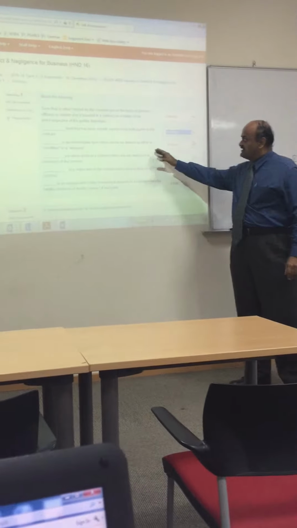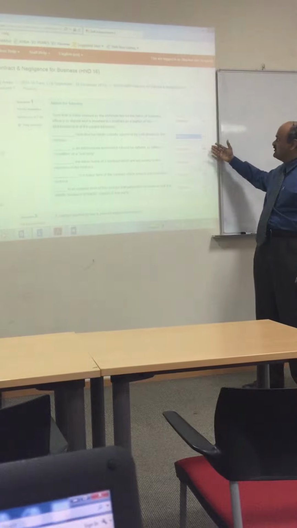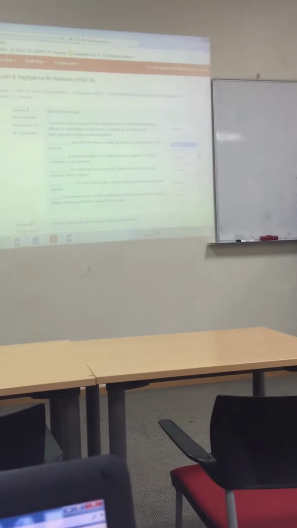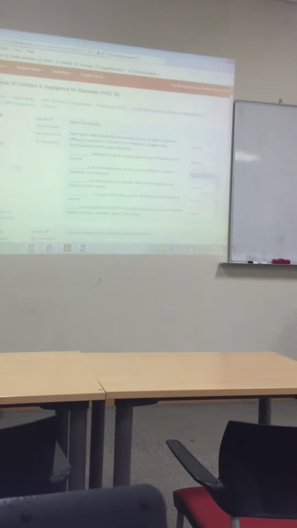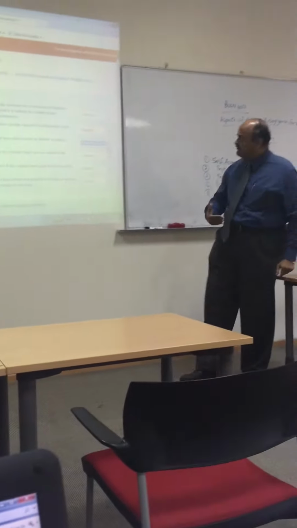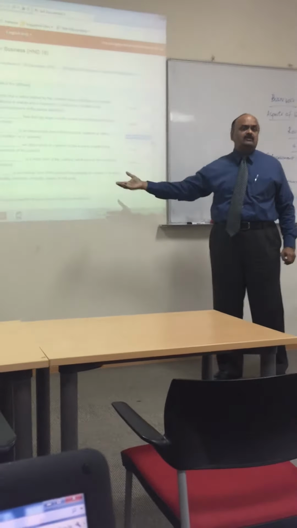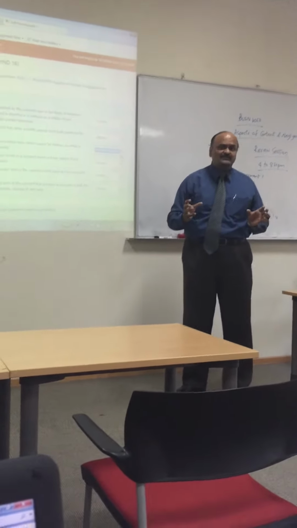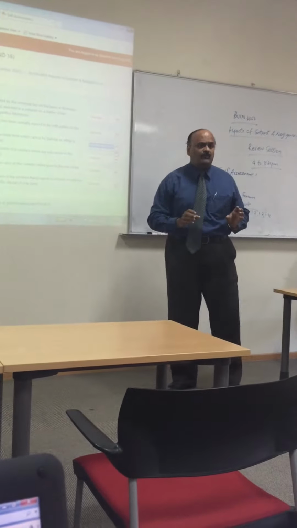Next one: the intermediate term which cannot be defined as either a condition or a warranty. So we clearly know that it's an innominate term. It's somewhere in between. An innominate term is by definition neither clearly a condition nor a warranty. A condition is a major clause that goes to the root of a contract.